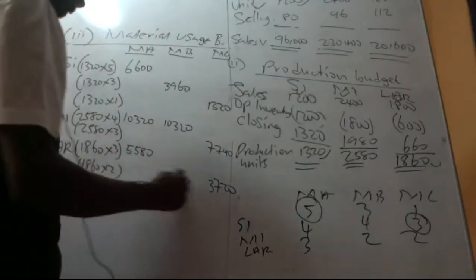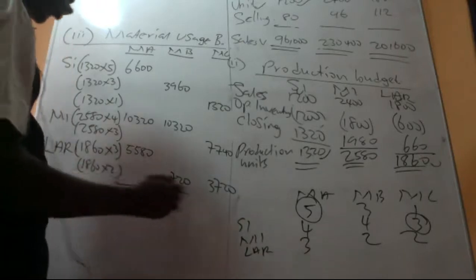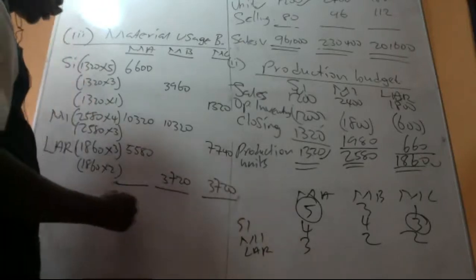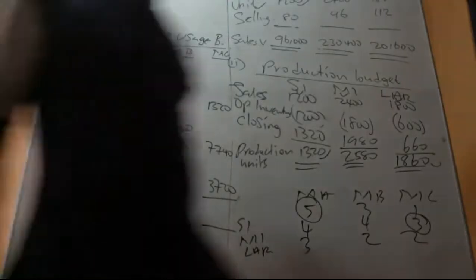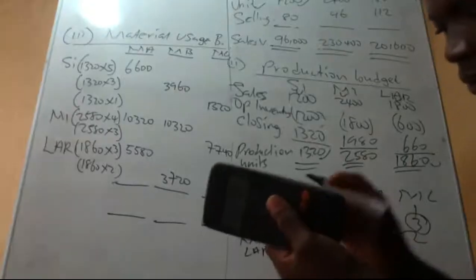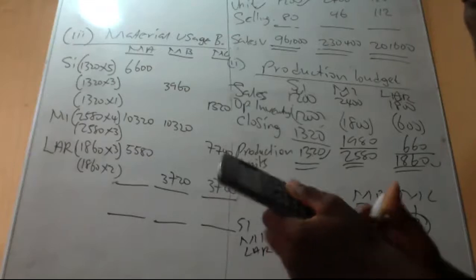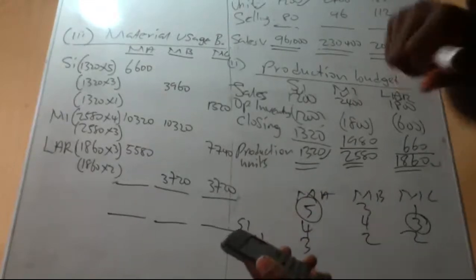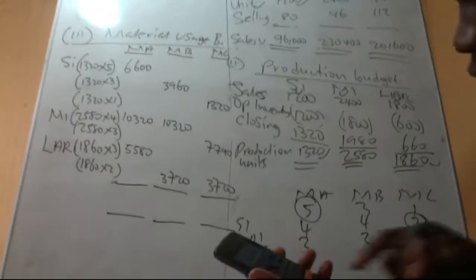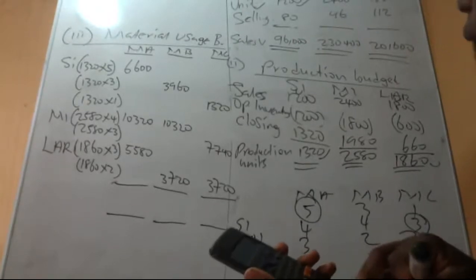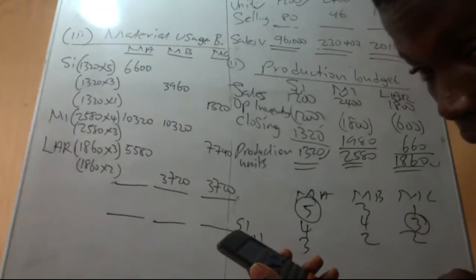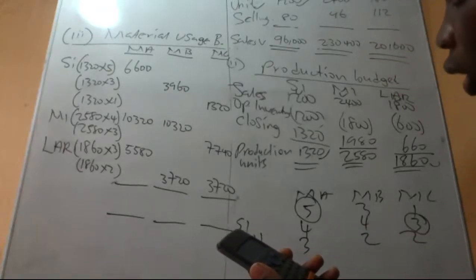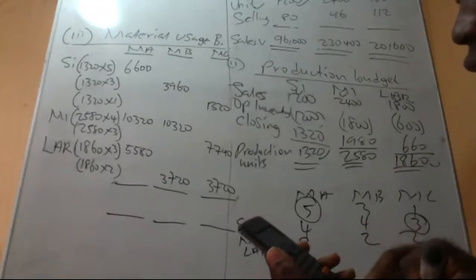So you put all together and it will give you the total material usage that you need. Kindly put it together. Starting from MA: 6,600 plus 10,320 plus 5580.